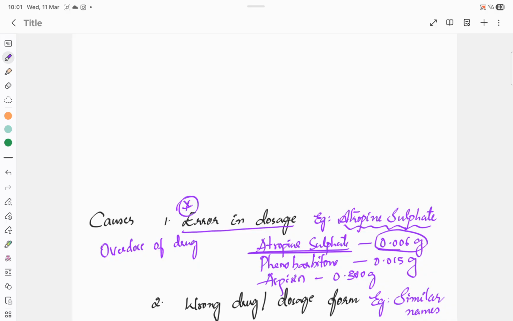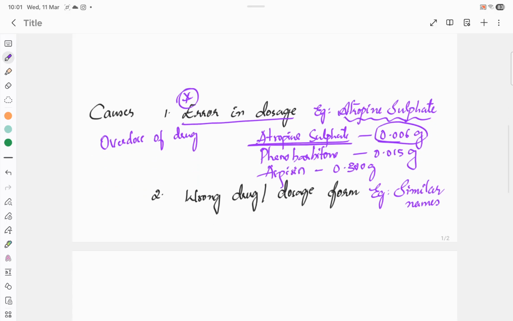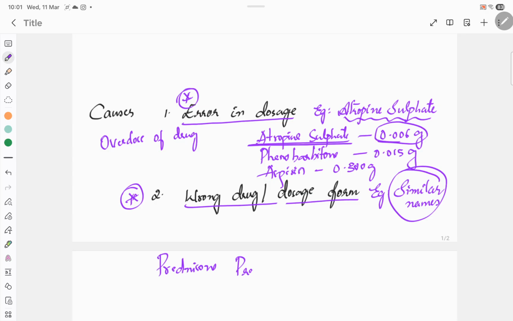The next possible reason for therapeutic incompatibility could be the wrong drug or dosage form. Sometimes therapeutic incompatibility occurs when the wrong drug is dispensed. Why would the wrong drug be dispensed even though we have the correct name in the prescription? Because some drugs have very similar names which may cause confusion, for example prednisone and prednisolone.